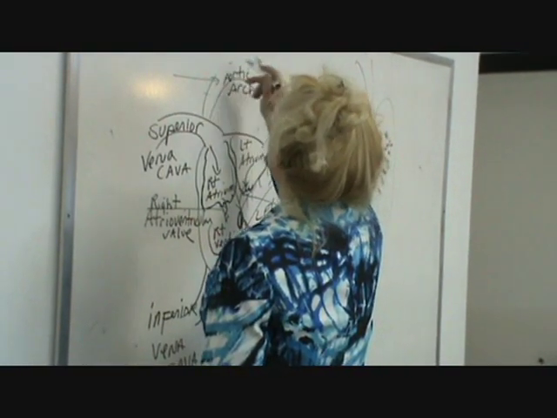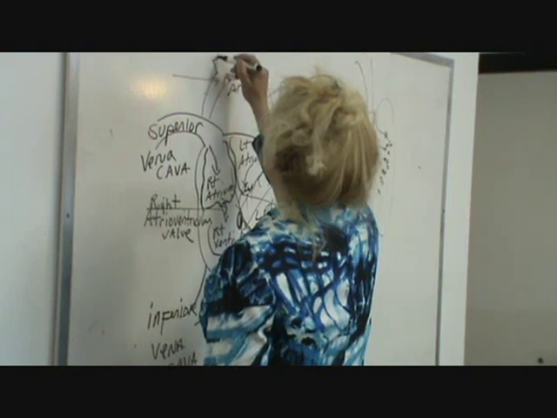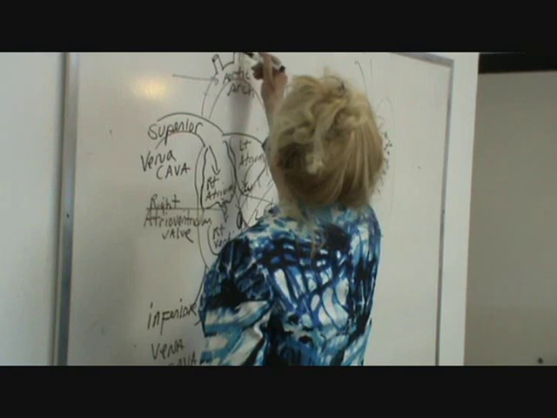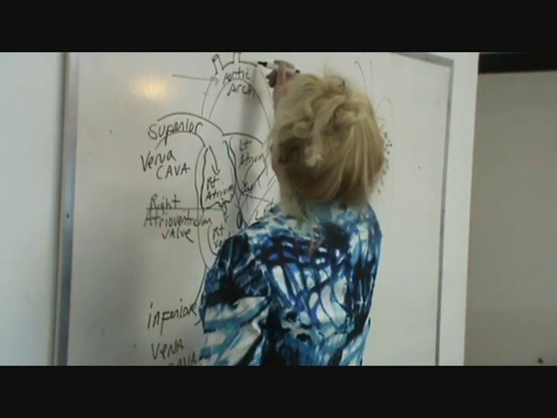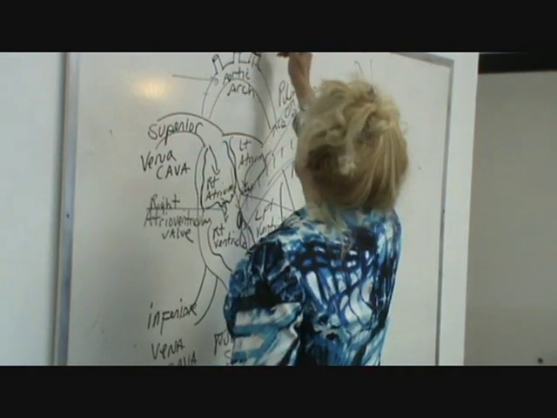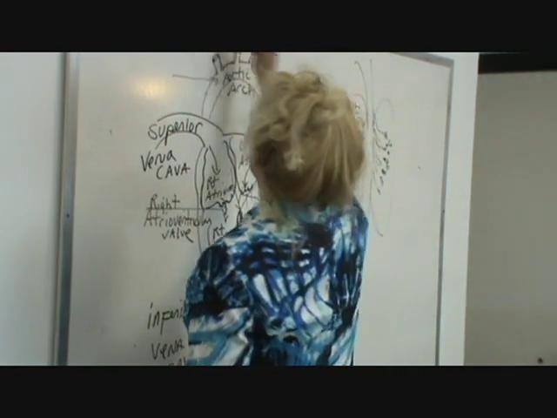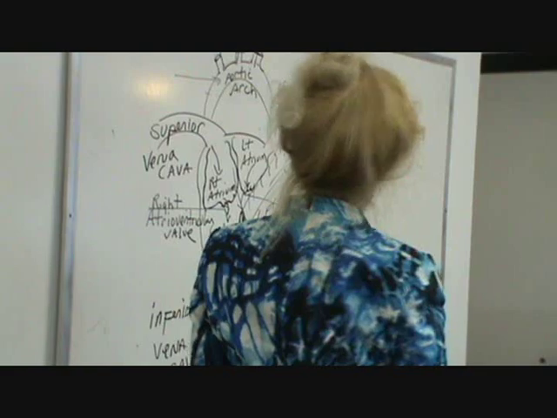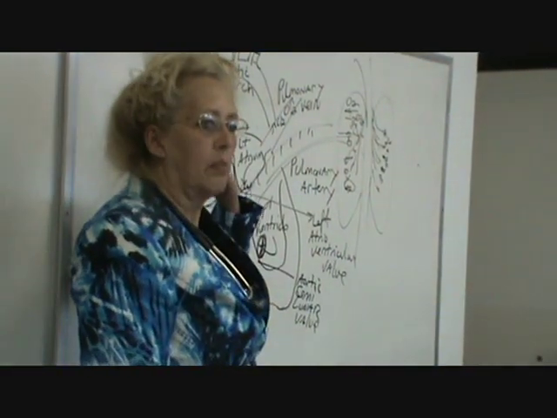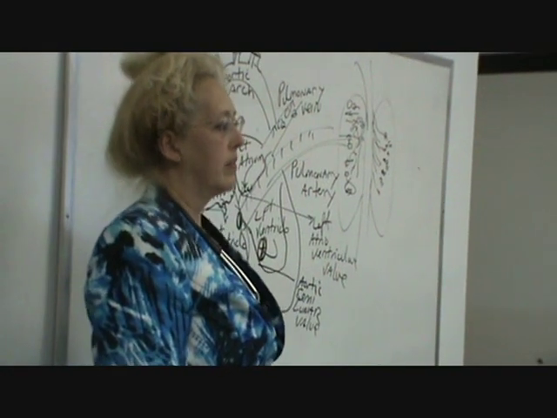Off the offshoots of the aorta, you've got your brachial, your subclavians, your carotids, where everything else is going to go out and feed the body with freshly oxygenated blood. Right? Basic blood flow 101 to the heart.